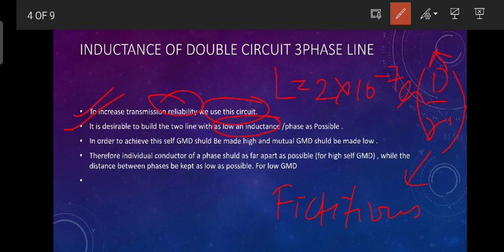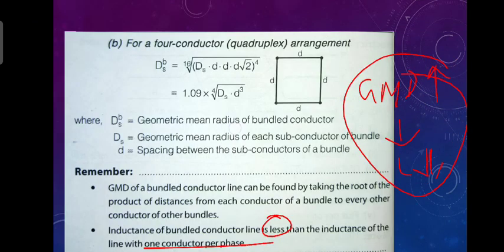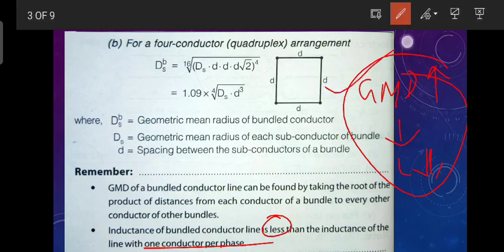So by increasing this, the inductance will be decreased because of this formula. Okay, from this formula we get this relation. Are you clear? I think you are clear.